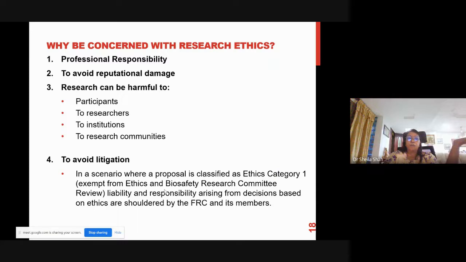Or if we do a study about burnout among doctors, we won't mention the hospital where we do the study because it will be harmful. Normally we will just say a public hospital. We will not give the name. Even when you collect your data, your patients must not write their names.